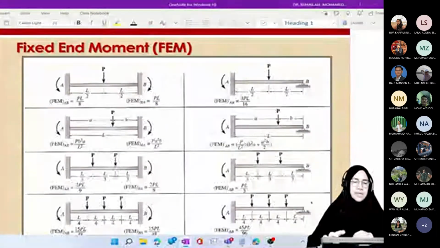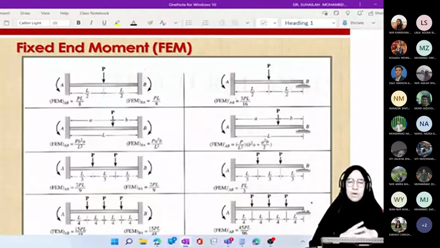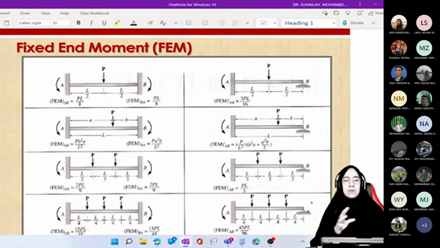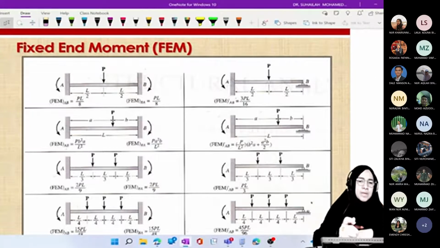Again, this is fixed end moment, so we have to apply this even though this is beam fixed end moment for beam with both ends fixed, so we can apply it to all beam and frame analysis in the moment distribution method. Actually there are two columns here.